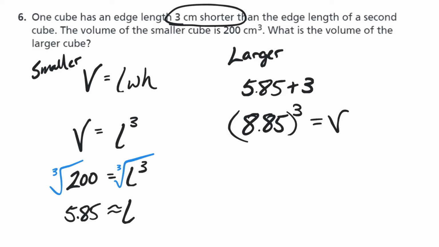So we take that number to the third power. And the result is 692.69. And this is going to be centimeters cubed. So that would be our volume.